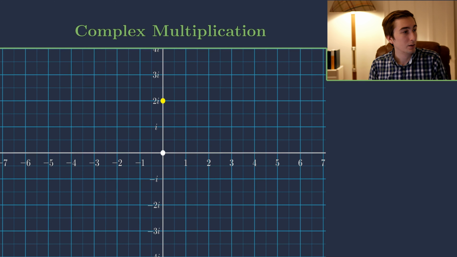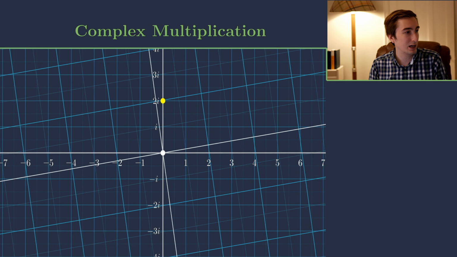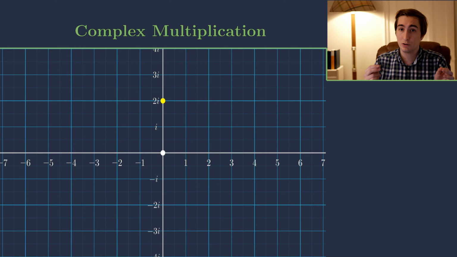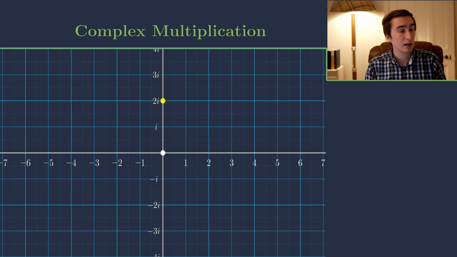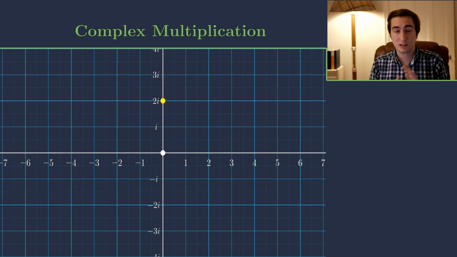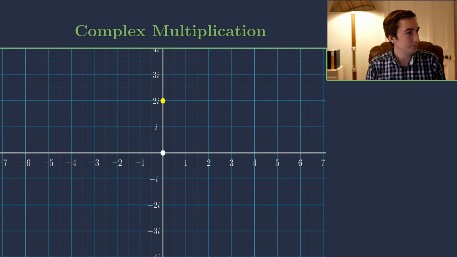Now notice, much like before, we got this property that 2 times I was the same as I times 2, so we want to see that geometrically. In other words, if we first stretch by a factor of 2 and then rotate by 90 degrees, that was exactly what we had before. So we're thinking of the imaginary numbers acting on the complex plane as rotations by 90 degrees, either clockwise or counterclockwise, depending on the sign, and then stretchings of those scale factors.